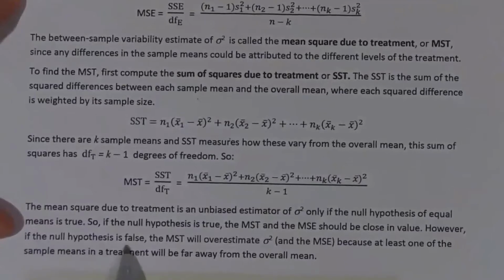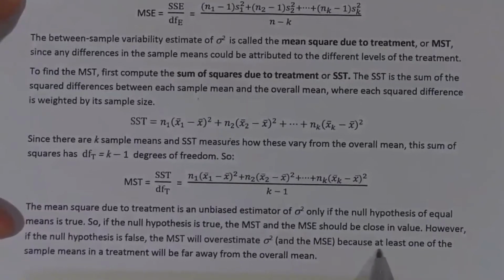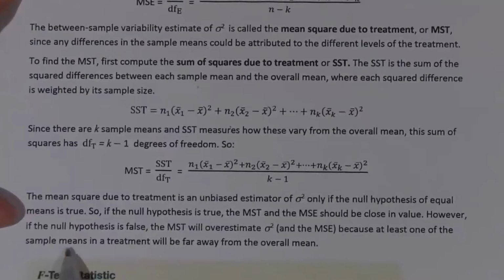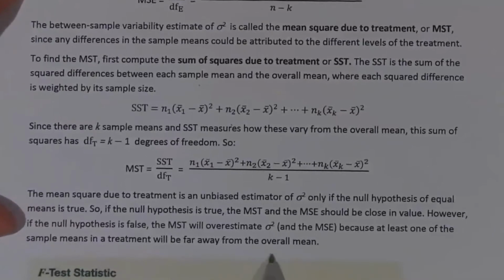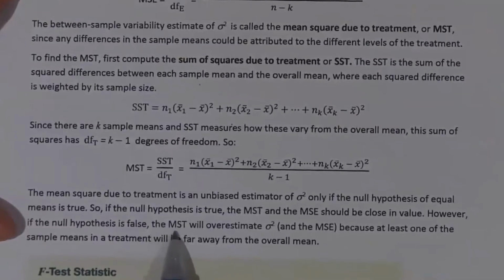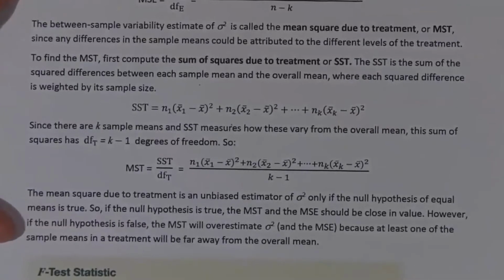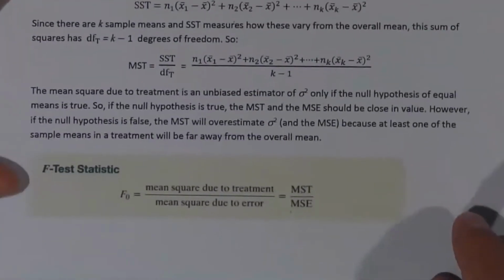However, if the null hypothesis is false, the MST will overestimate sigma square and the MSE, because at least one of the sample means in a treatment will be far away from the overall mean. So if the null hypothesis is false, the MST is going to be bigger than the MSE. And so that will show up in our calculation.